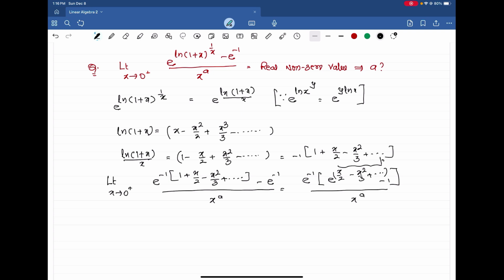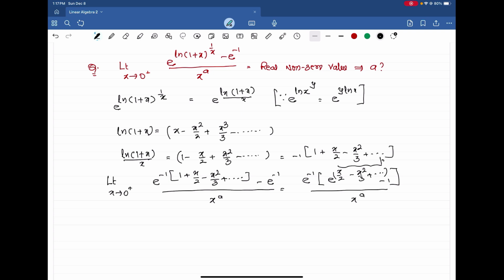For the limit to exist, what we have to do? The limit should not be in the indeterminate form. At the same time, the limit should have a real non-zero value.